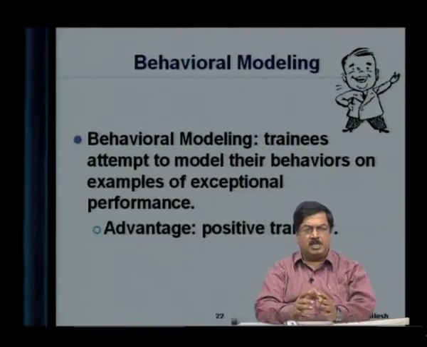These things are given as examples, and then the individuals try to see what the benefits of doing certain things are, how that can be promoted within the organization, and what they have to do individually to move in that direction.